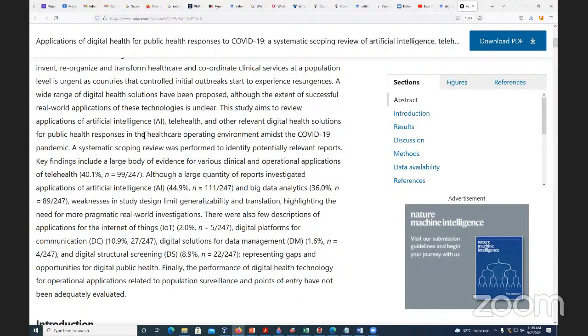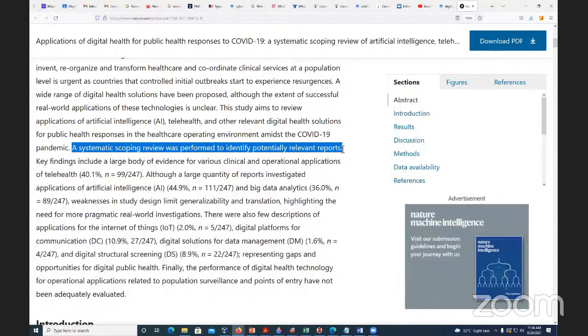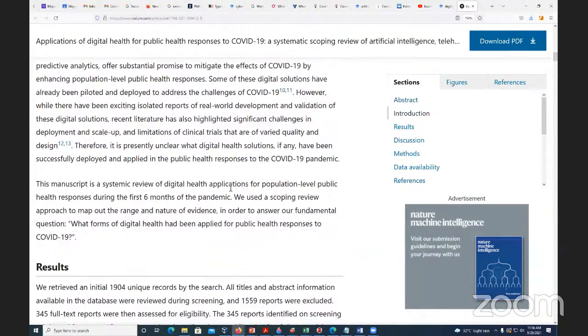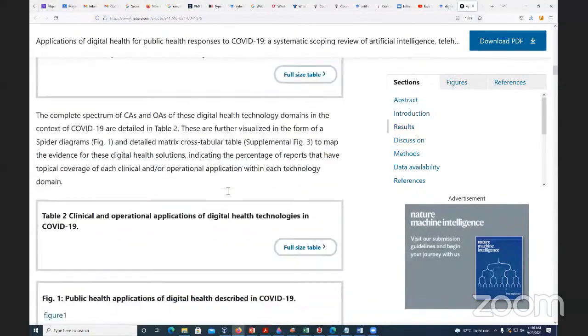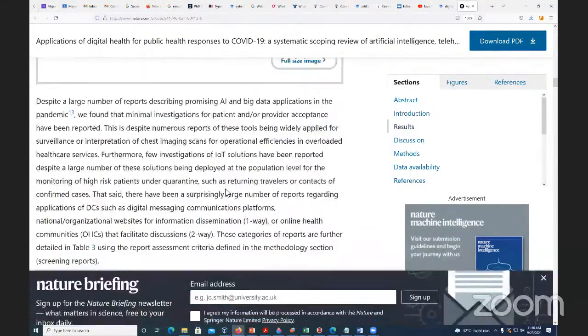Now, this actually doesn't tell us the methods in the abstract. This is the only part, and this one sentence is very vague. This is related to the methods: a systematic scoping review was performed to identify potentially relevant reports. That's really not clear. So I'm going to walk to, hold on, where is it? Results. Oh, this is interesting.